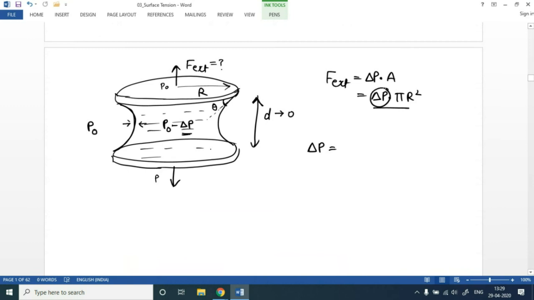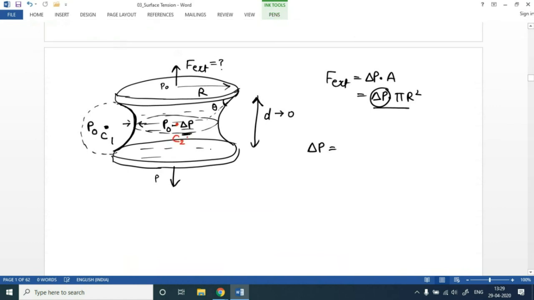So what would be delta P? Now you see, this is again a curved surface, so there would be two radii of curvature. One is defined by this circle and another by this circle. The center of curvature of one part is C1, and the center of curvature of another part is C2.